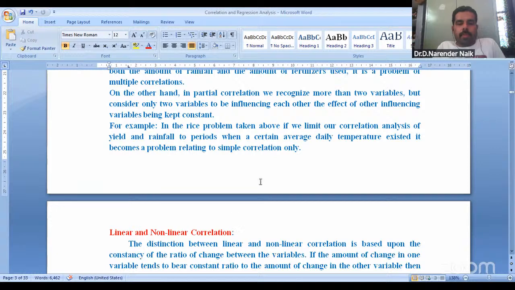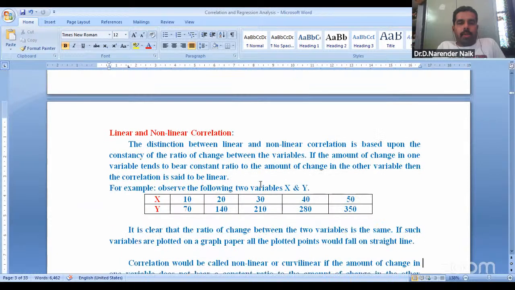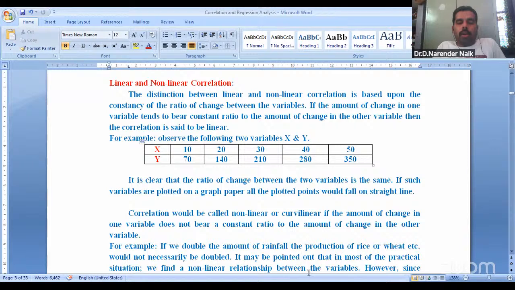Okay, the next one: linear and non-linear correlation. The distinction between linear and non-linear correlation is based upon the constancy of the ratio of change between the variables.